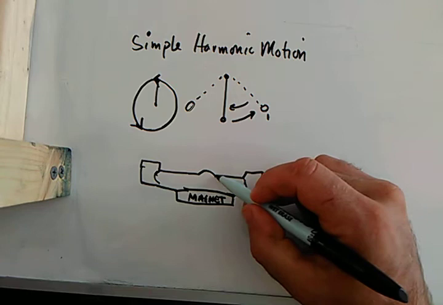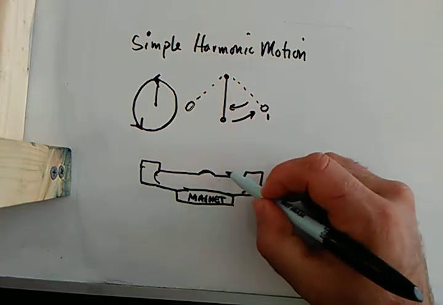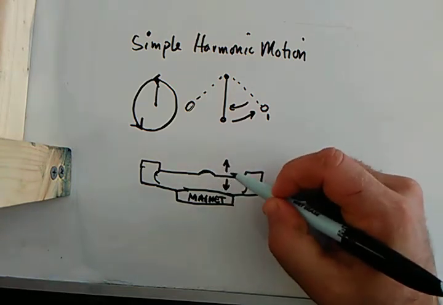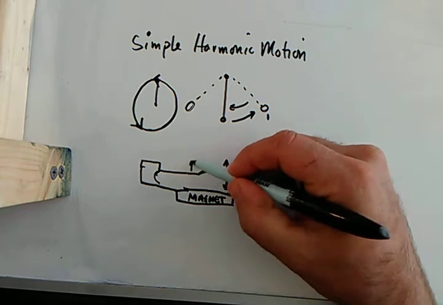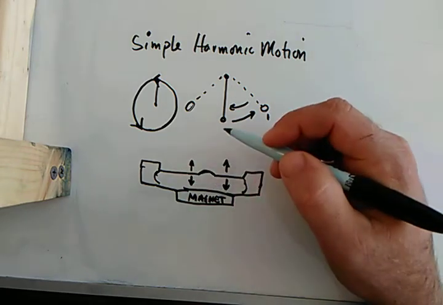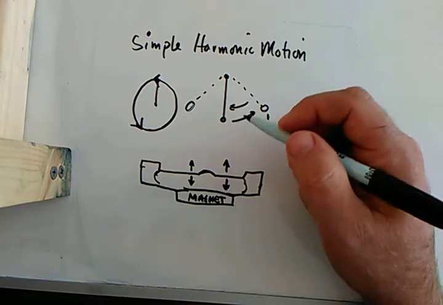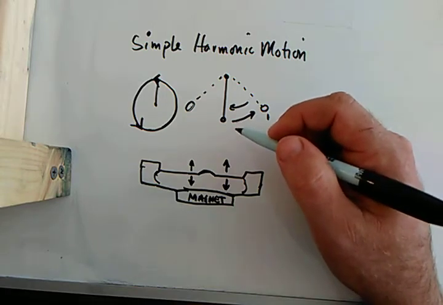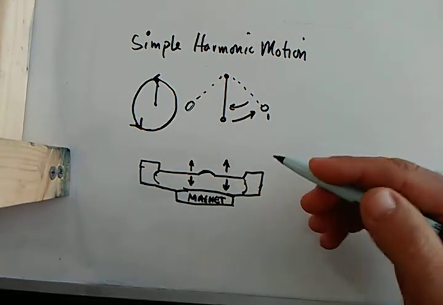And this is called a diaphragm, and this diaphragm vibrates back and forth at a certain frequency to produce sound waves.